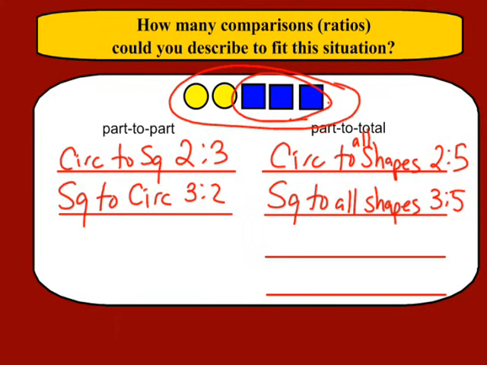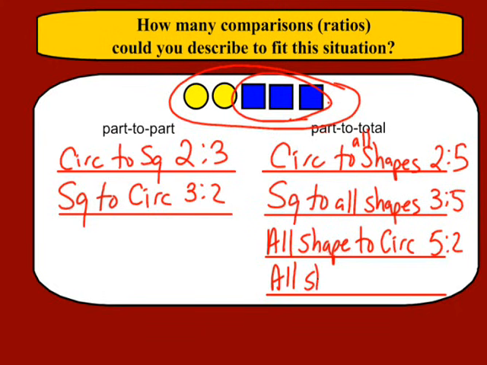And for our last 2 part to total ratios, we could compare all shapes to circles. So that's 5 to 2, or we could do all shapes to squares. And that would be 5 to 3.